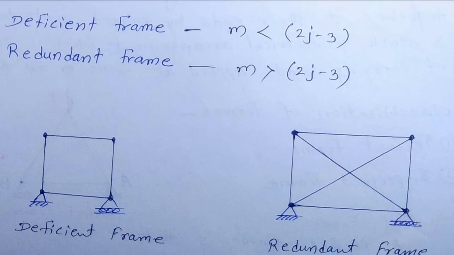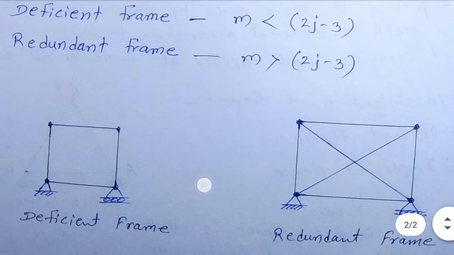In the first diagram, a square shape, the number of members is 4 and the joints are 4. So 4 multiplied by 2 is 8, minus 3 is 5, and m is equal to 4. So m is less than 5, so it will be included in the deficient frame. The main motive of explaining this is that we require this knowledge in upcoming numerical problems. When we solve the numericals, we will require this knowledge.